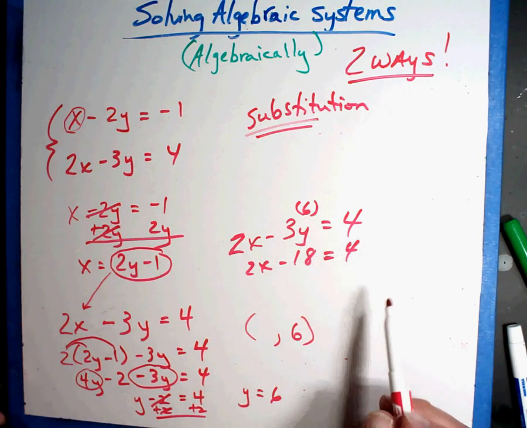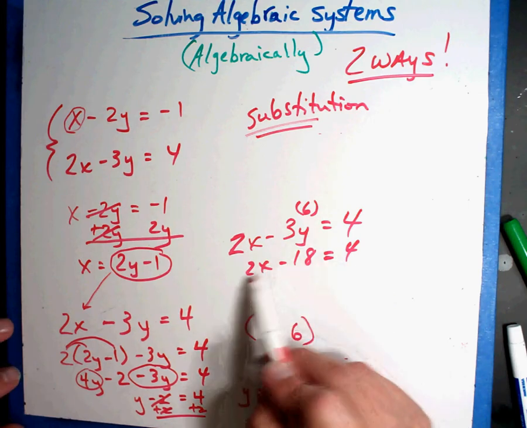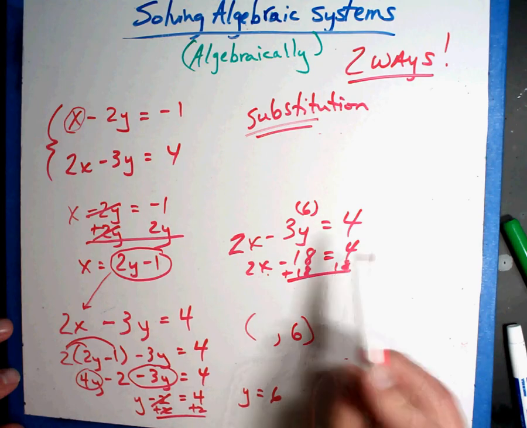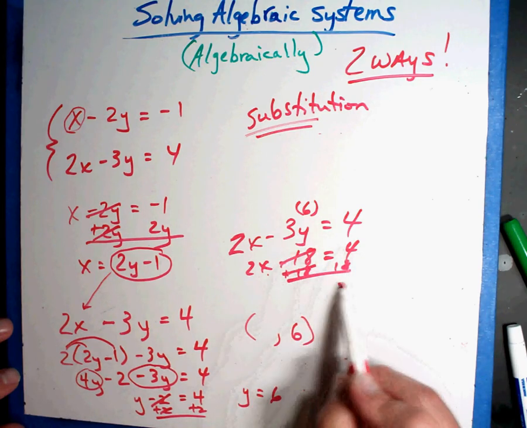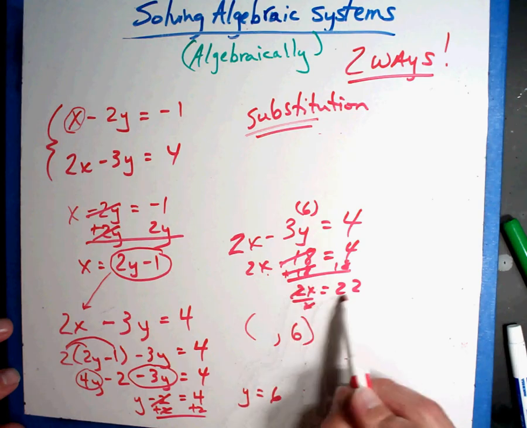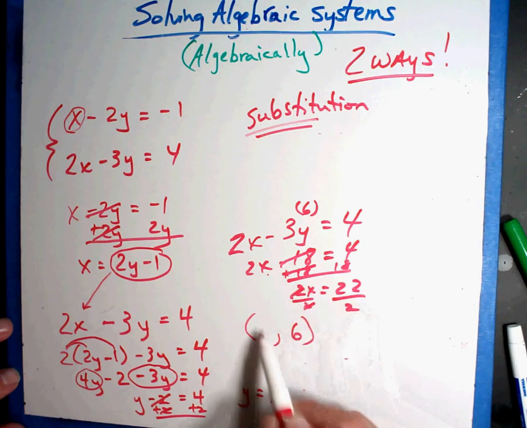To solve that, letters on one side, numbers on the other, I got to add 18 to this side. 18 and 4 is 22 equals 2x. Divide by 2. X is 11.